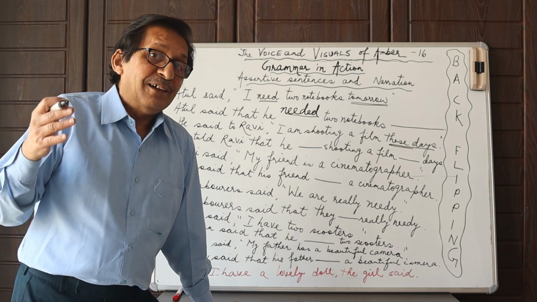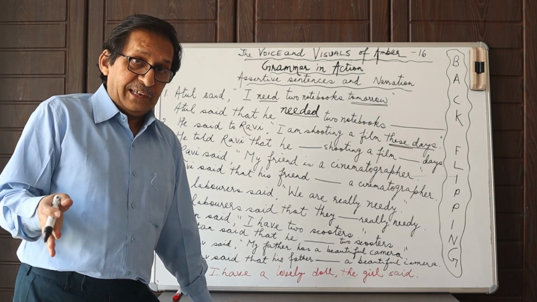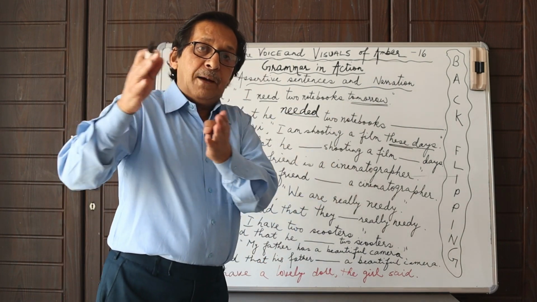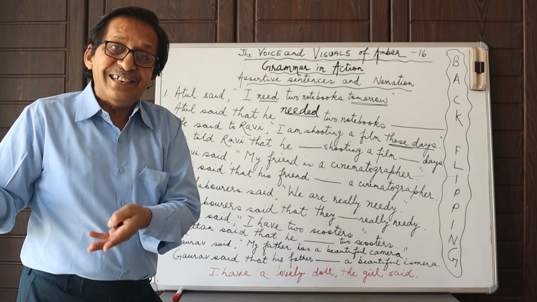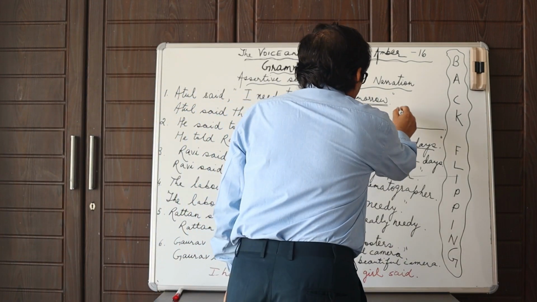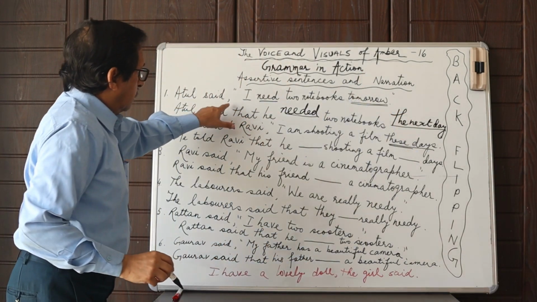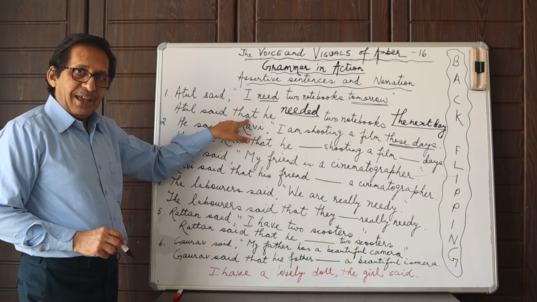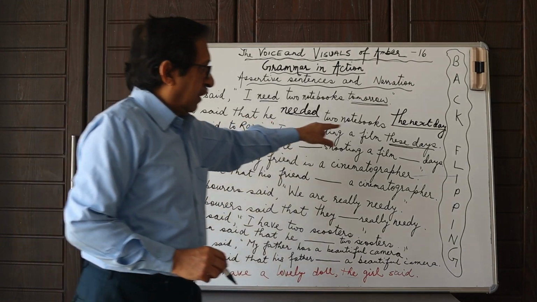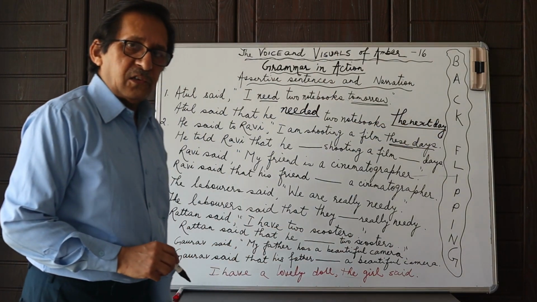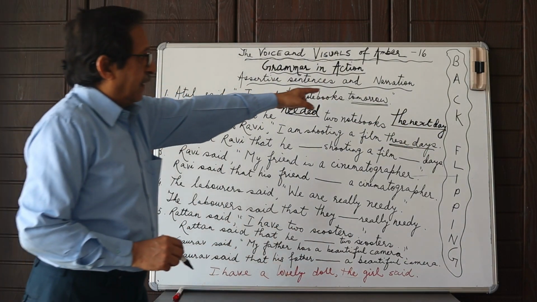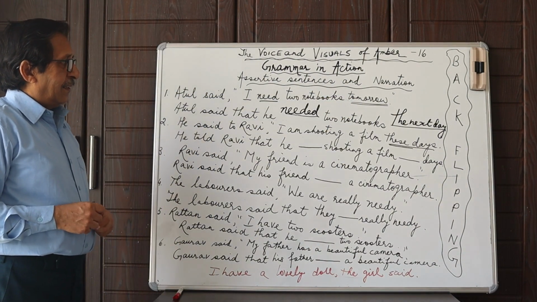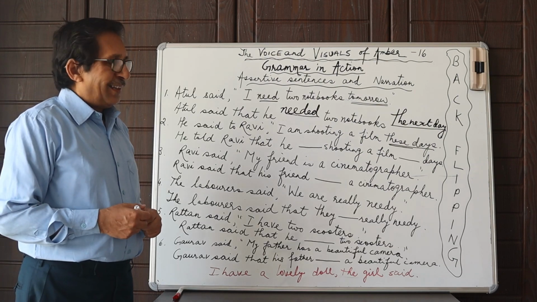Why did I say for the examination, certainly? Yes, for the examination, certainly, tomorrow will become the next day or the day after. So the comma and the inverted commas are removed, replaced by that, and of course the inverted comma at the end is also removed. So Atul said that he needed 2 notebooks the next day.